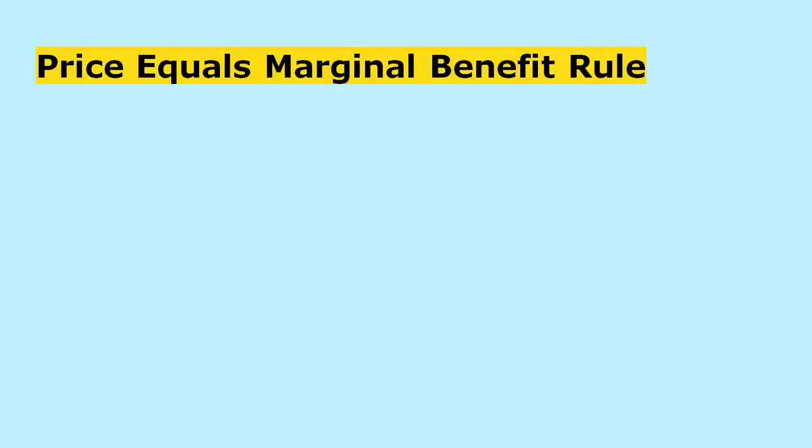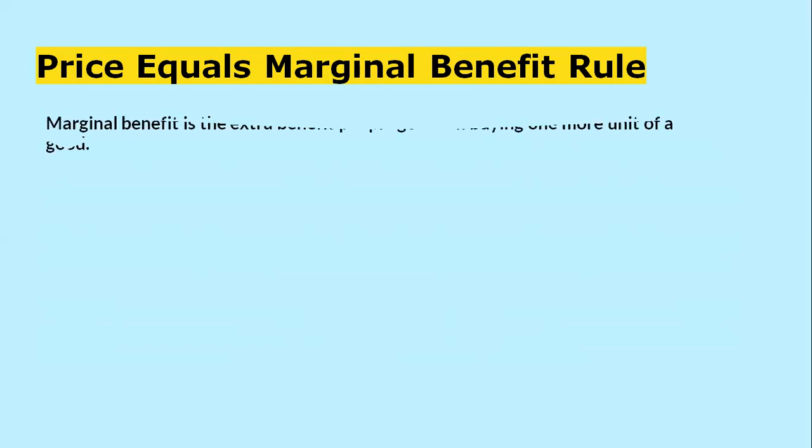Price equals marginal benefit rule. Marginal benefit is the extra benefit people get from buying one more unit of a good.